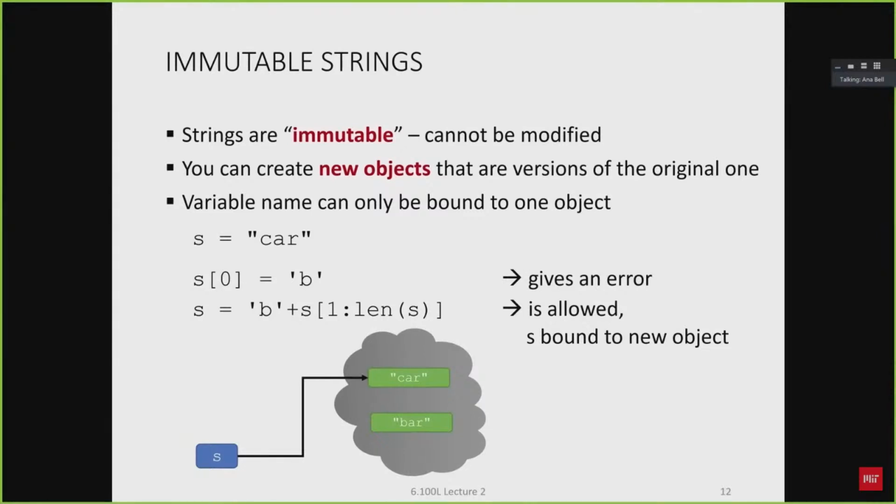Python won't let me change the letter at index 0 to a B. That's not allowed. You can get new versions of that particular string, so you can do some expression to create the BAR that you might want. But then the CAR remains in memory, right? So the CAR will still be there. We're just losing the binding from it.